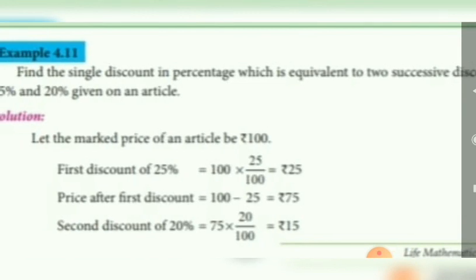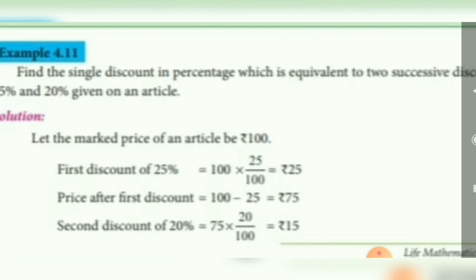Next, find the single discount percentage which is equivalent to two successive discounts of 25 percent and 20 percent on an article. Let the price of the article be 100. First discount is 25 percent, so 100 into 25 divided by 100 gives 25 rupees discount. Because we don't know the cost price, we take it as 100.